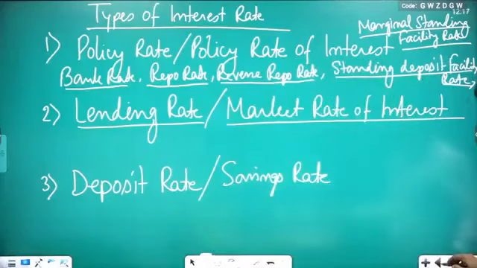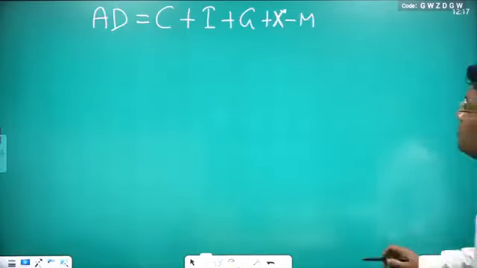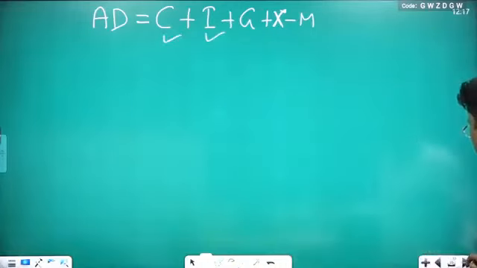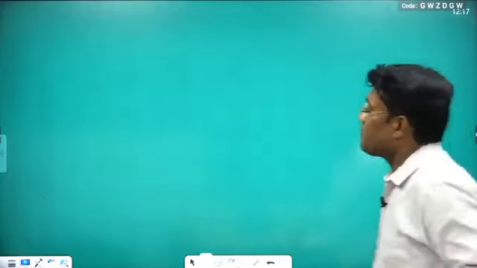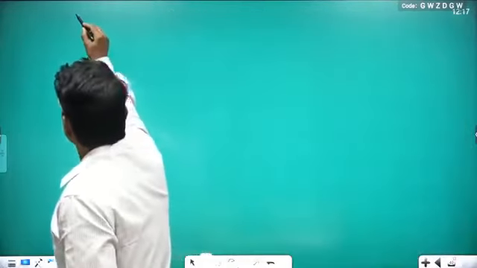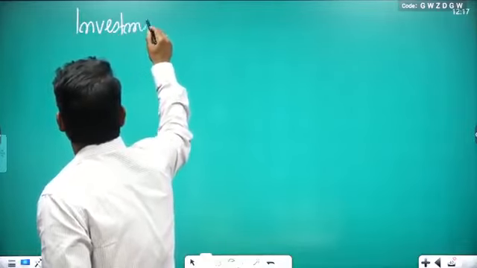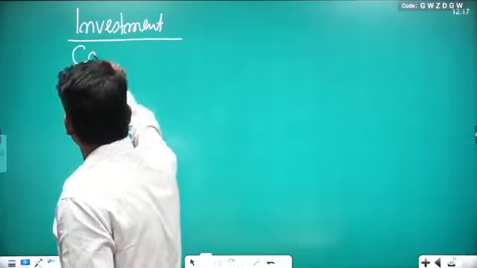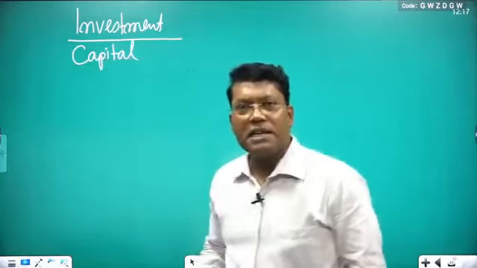Now come back. Here you have seen that one part, consumption, we have discussed. Now we are going to discuss investment. We have to take both at this time because you can differentiate investment and capital.